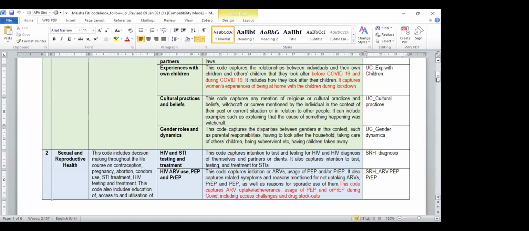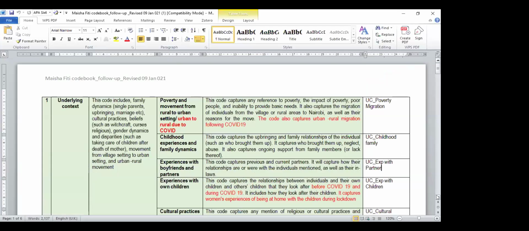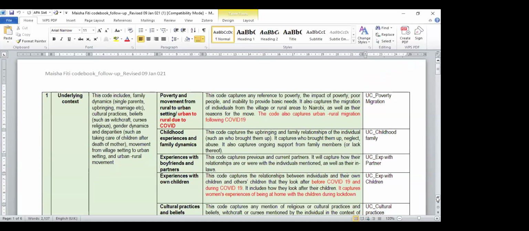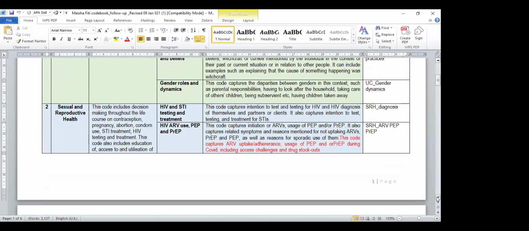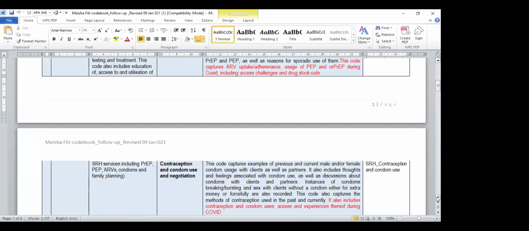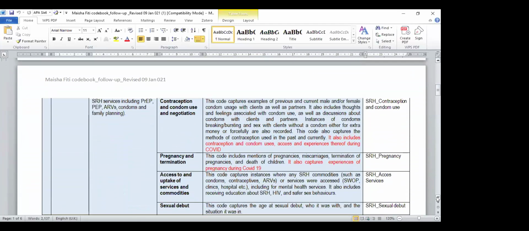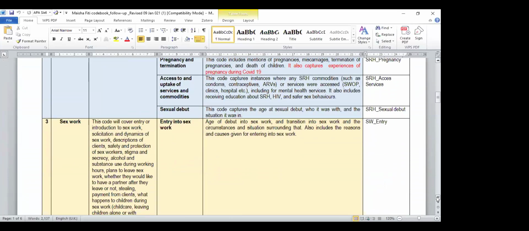So they're able to extract and assign the right codes against the data. So that's an example of a code book and how you may go about developing a code book, because you have to explain each and every theme or sub-theme.